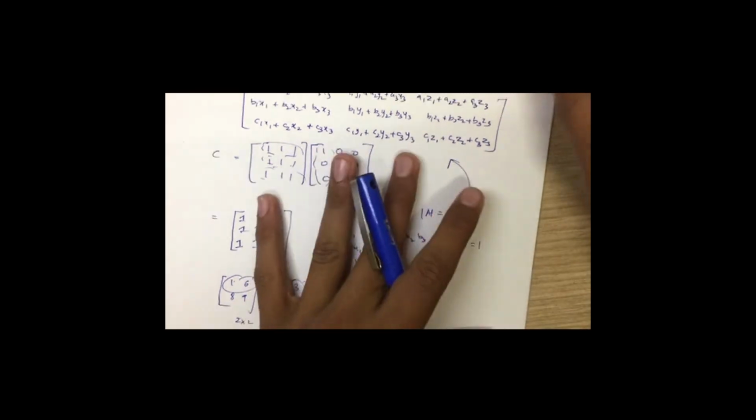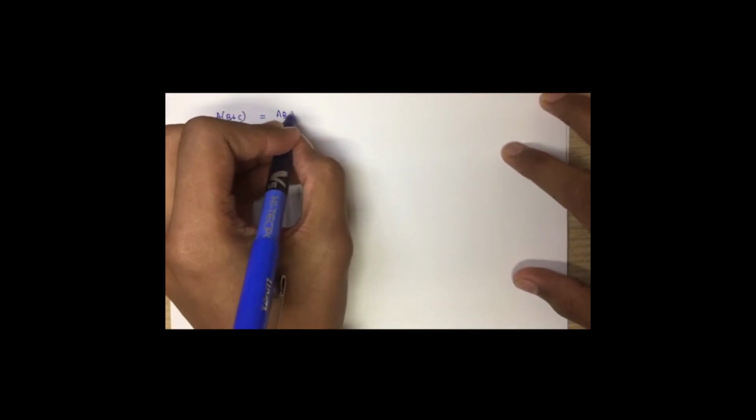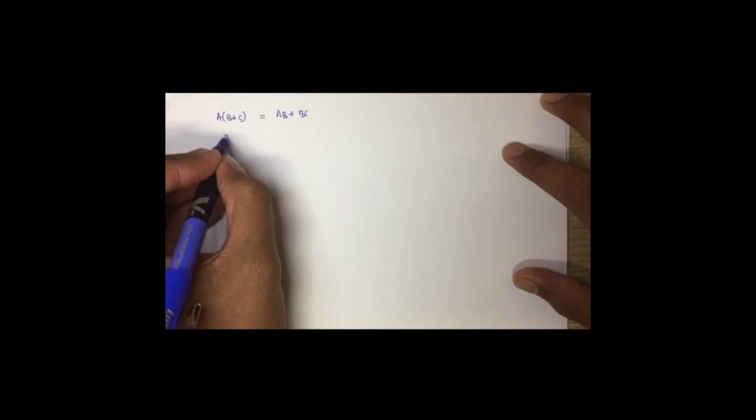So again, I would like to give you some other facts about matrix multiplication. Matrix multiplication is basically distributive, which I've already mentioned: A into B plus C is equal to AB plus AC.